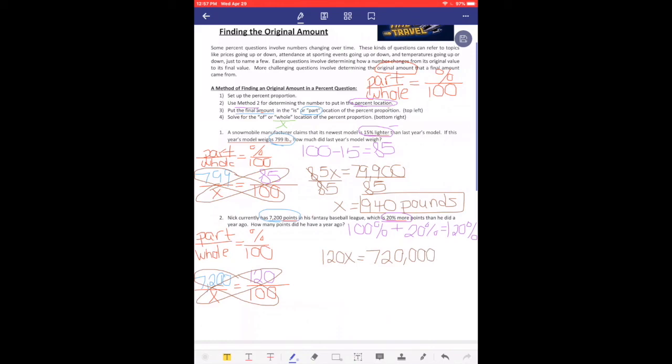Now to solve for x, I'm going to divide both sides by 120. It'll cancel on the left, and when you divide, you'll get x equals 6,000. And then we always want to label our answer. This question is asking you for points, so 6,000 points.